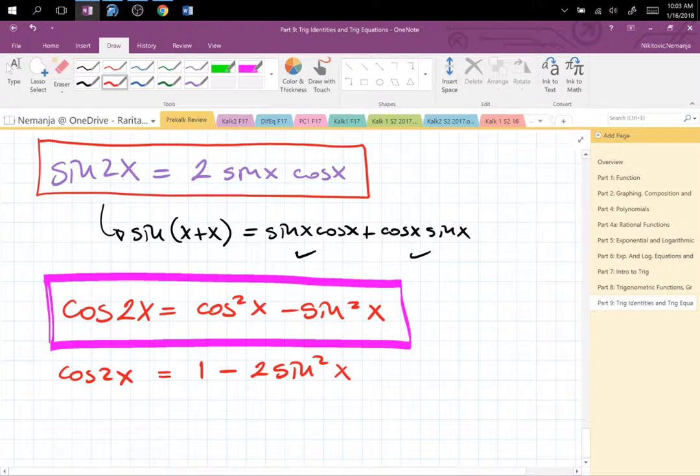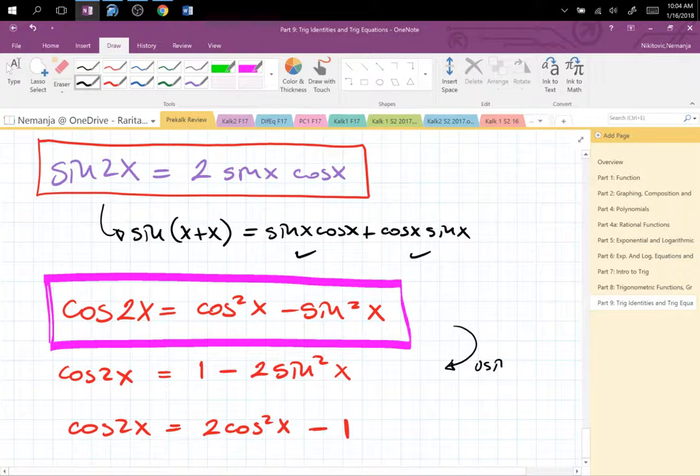And you can also swap the sine squared and get another flavor of this formula, which says 2 cosine squared x minus 1. So you get these using cosine squared x is 1 minus sine squared x, and sine squared x is equal to 1 minus cosine squared x.